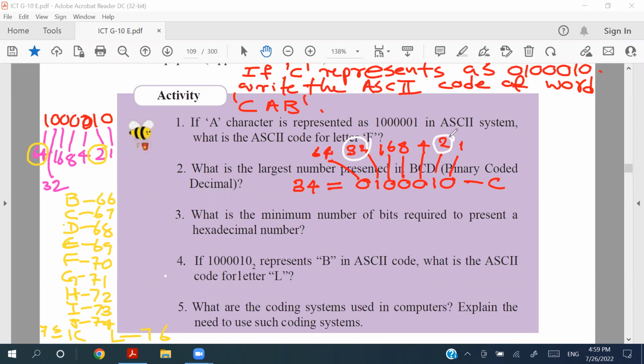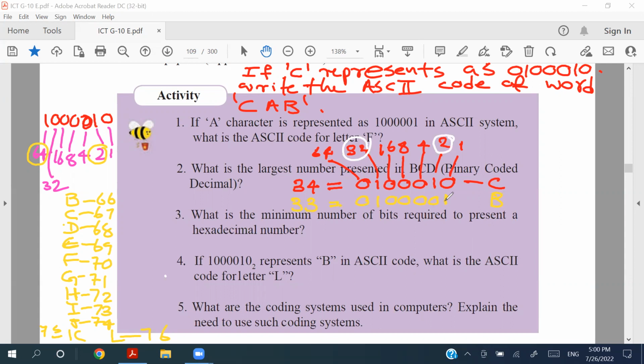We need the letter B and letter A. Letter B means 1 less than 34, that means 33. So 33 can be represented as 0, 1, 4 zeros and a 1. Yes, now Rizwan, now it is correct.